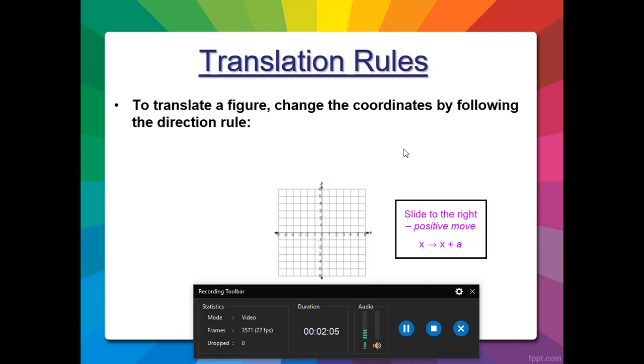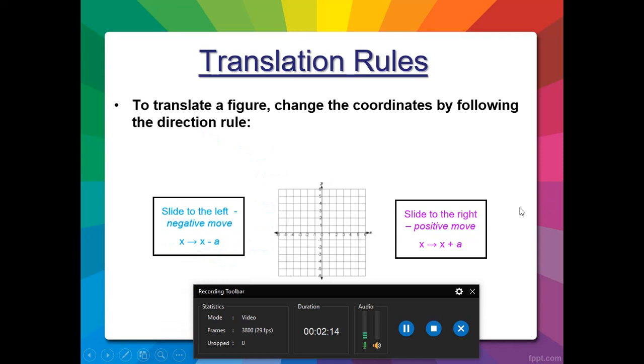So the positive numbers on the x-axis are on the right-hand side, so your object is moving towards the right. If, on the other hand, they would like you to subtract or a negative number is present, that means you're sliding it to the left.